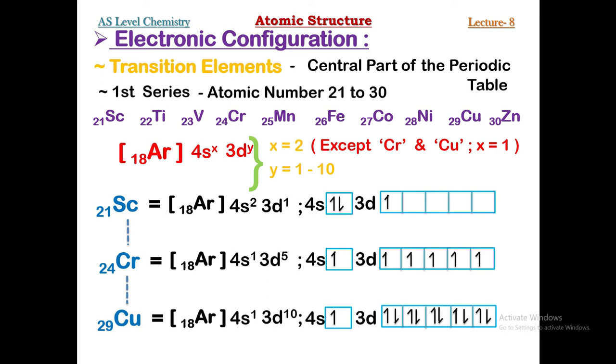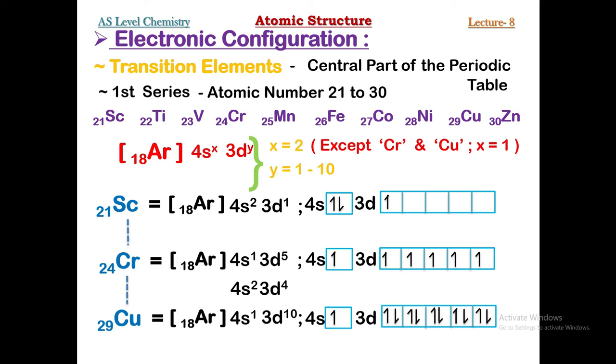Okay. Now what is the reason why chromium and copper have 1 electron in 4s? Look at chromium. If we write down the electronic configuration for chromium having 2 electrons in 4s, what would be the electronic configuration after argon? It should be 4s2, 3d4.